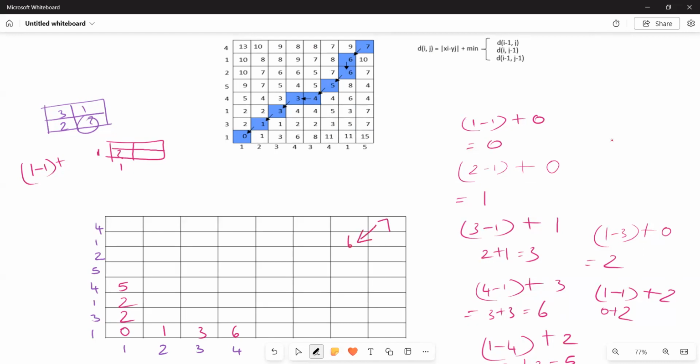Okay, and from 6, I'm again having my square box and I try to find out the minimum value here. And then again I find 6. My direction goes towards 6. And from here, my value comes to 5. Now moving towards 5. And here, if you take up this square box of space, you find 4.